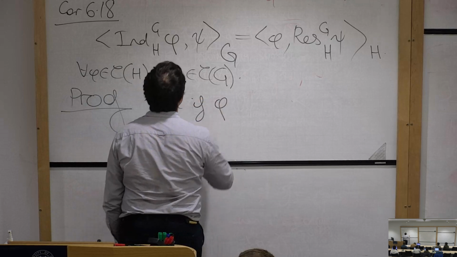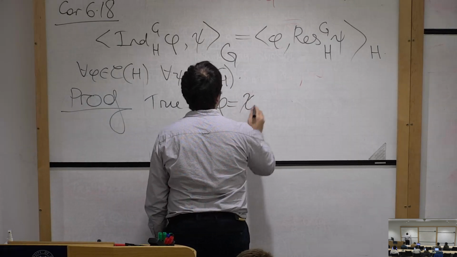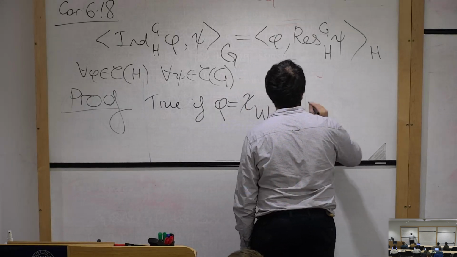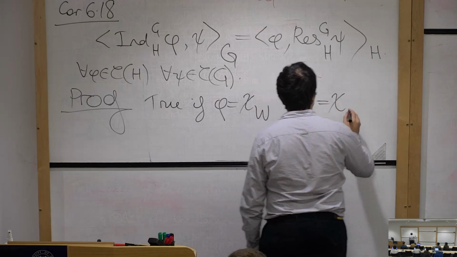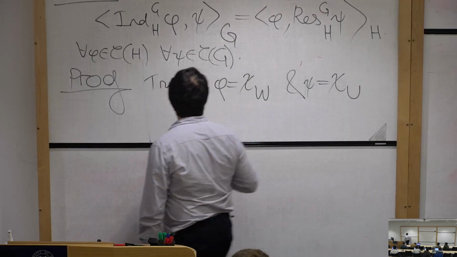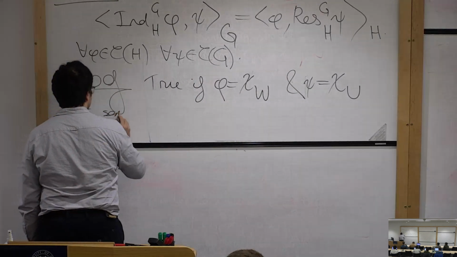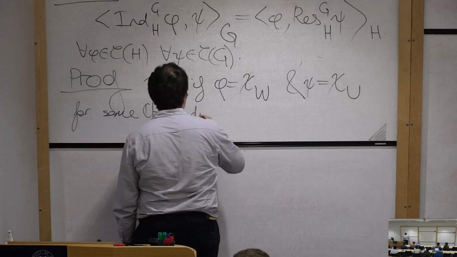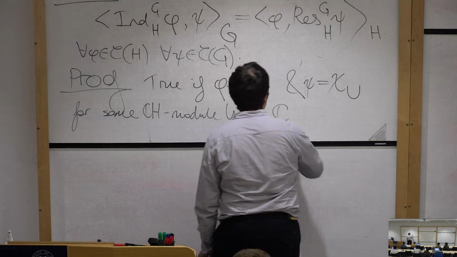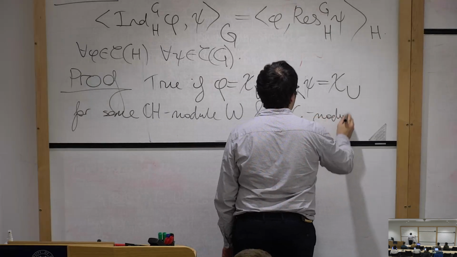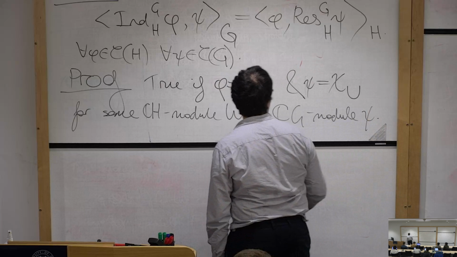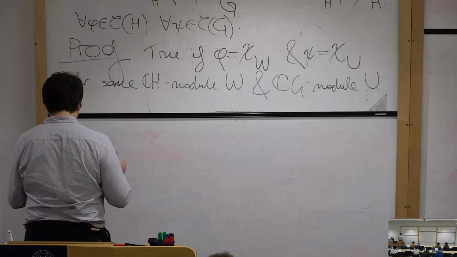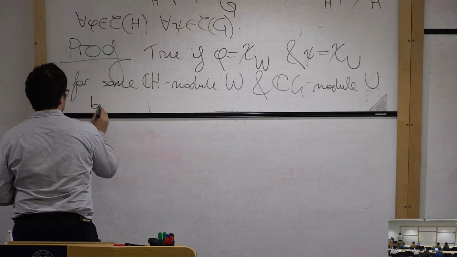We have ψ a character of H, some H-module W, and a G-module U. This is by Frobenius reciprocity.